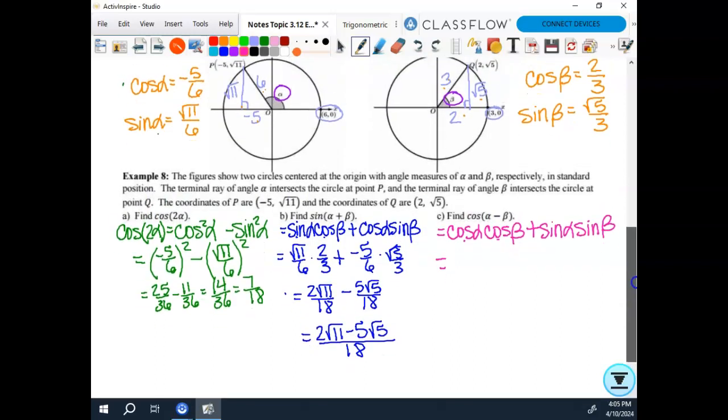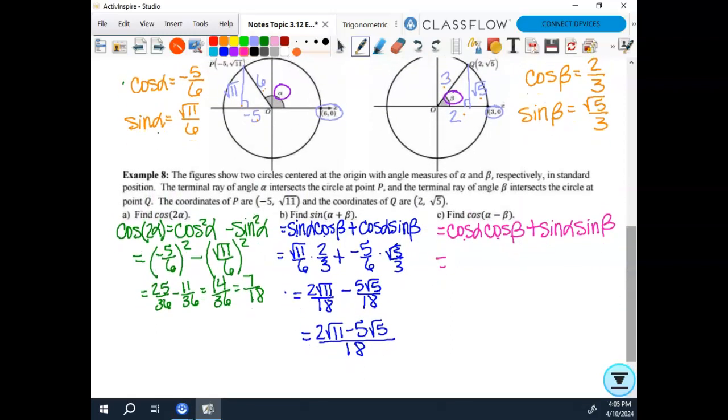Scroll back up so I can see. Cosine of alpha is negative 5/6 times cosine of beta, which is 2/3, plus sine of alpha, which is the square root of 11 over 6, times the sine of beta, which is the square root of 5 over 3.